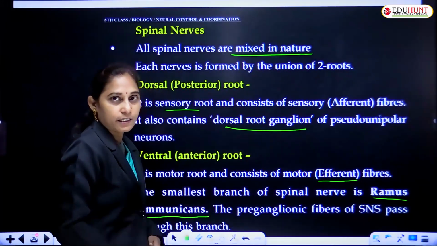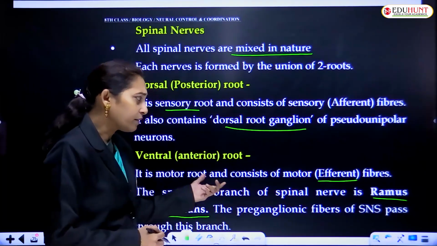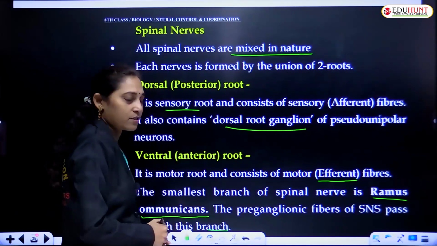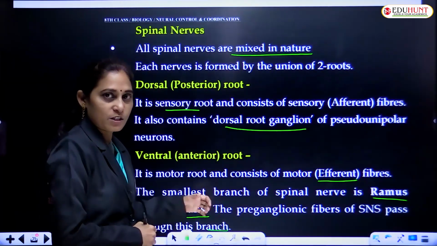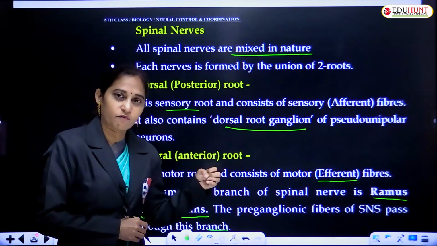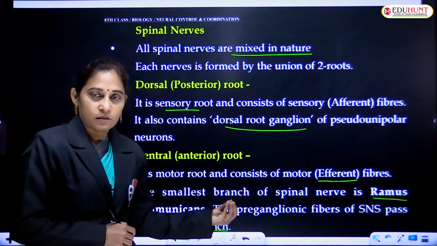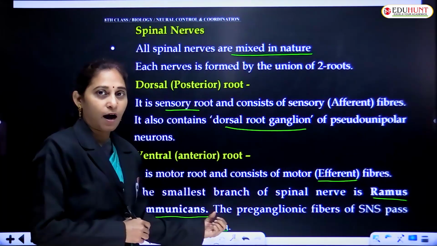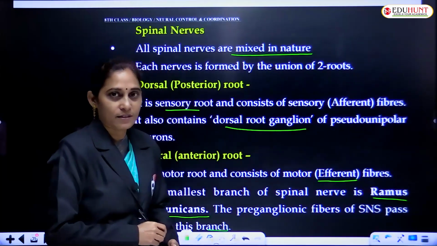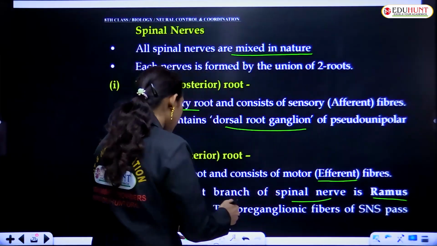The preganglionic fibers of the SNS, that is the sympathetic nervous system, pass through this branch, the ramus communicans, the smallest branch of the spinal nerve.